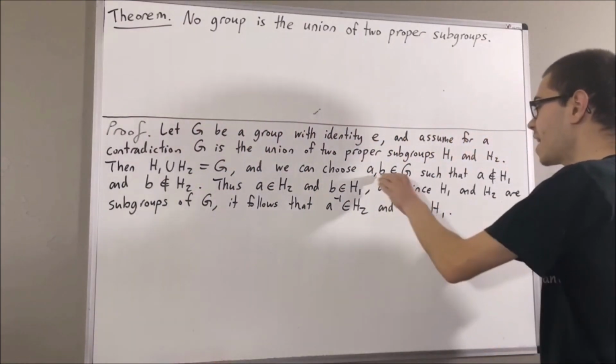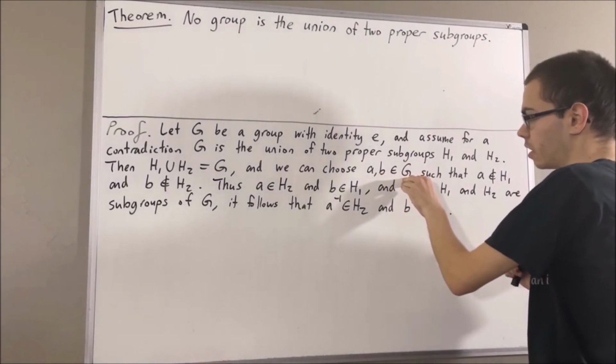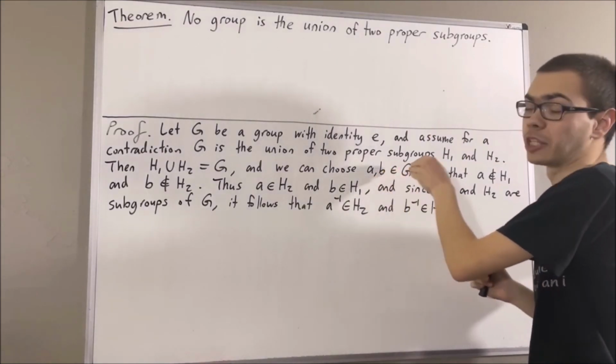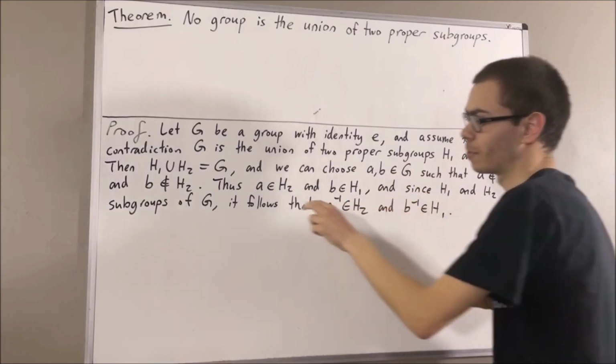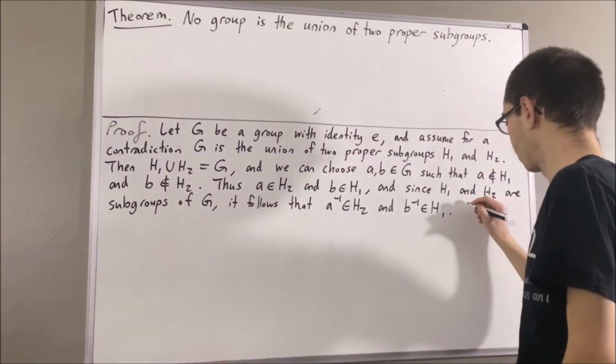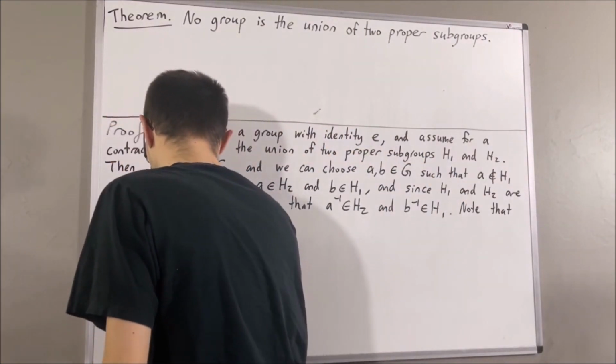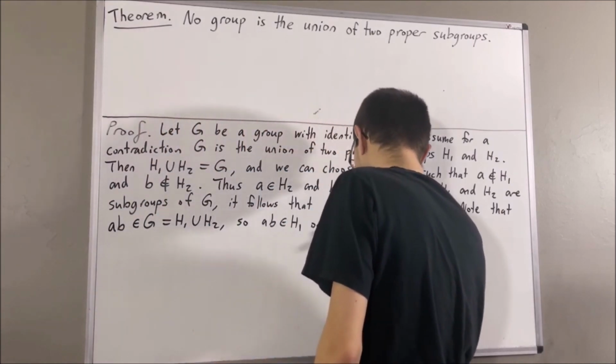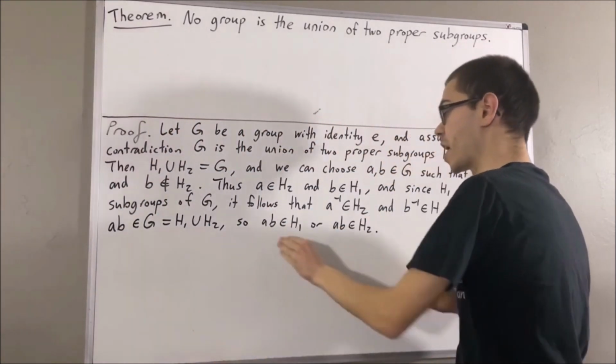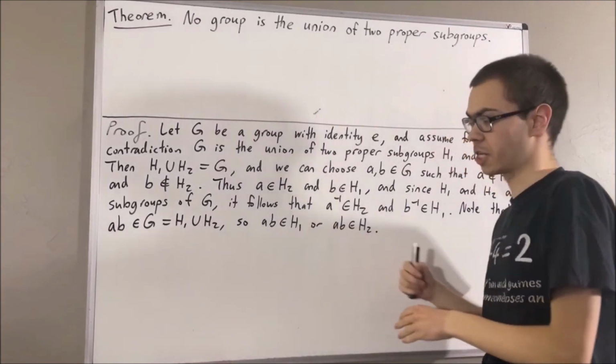Now, since A and B are elements of G, it follows that A times B is an element of G. So A times B is an element of H1 or H2. And we're going to show, in either case, we reach a contradiction.